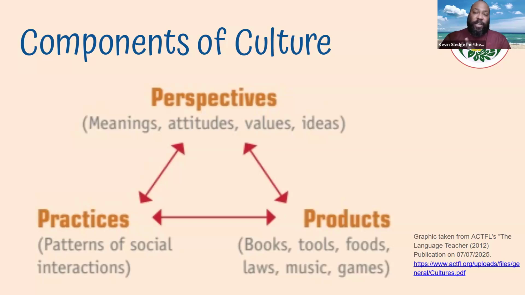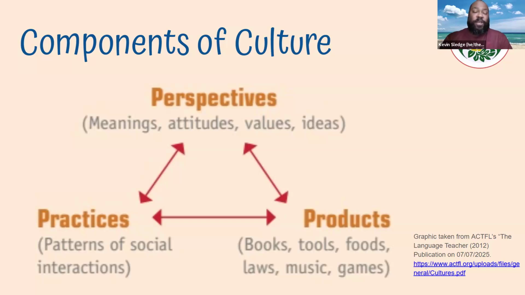You can see here, I'll start with the products. These are things that are very easy to identify when we talk about culture. These are books, tools, foods, music, games, etc. Also, practices are easy to see and identify when we talk about culture. These are social interactions.